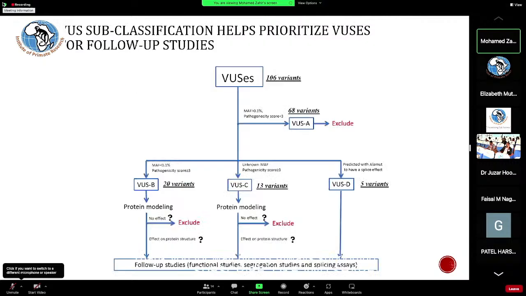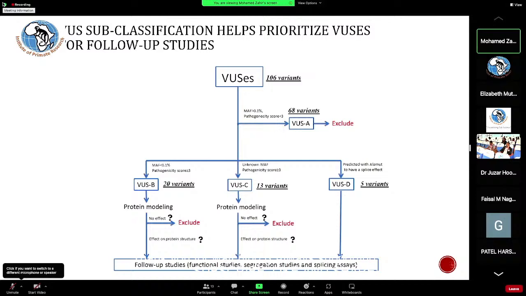So what we've done then, of the 106 variants, is this: sometimes you can argue that Alamut is an in silico program, right? What Alamut does is look at amino acid sequences and amino acid chemistry, but it is limited when we talk about the 3D structure of the protein.